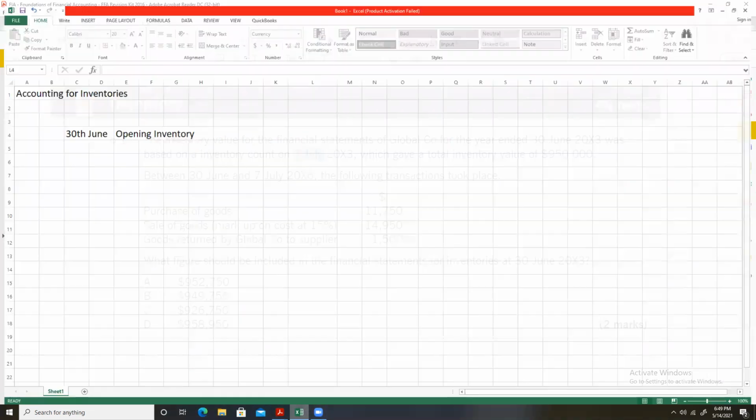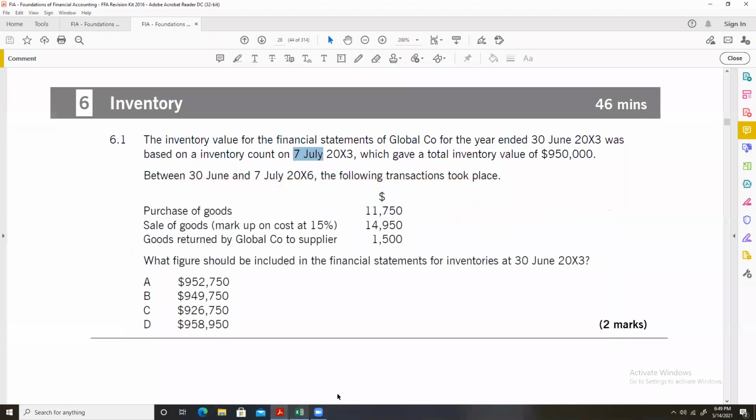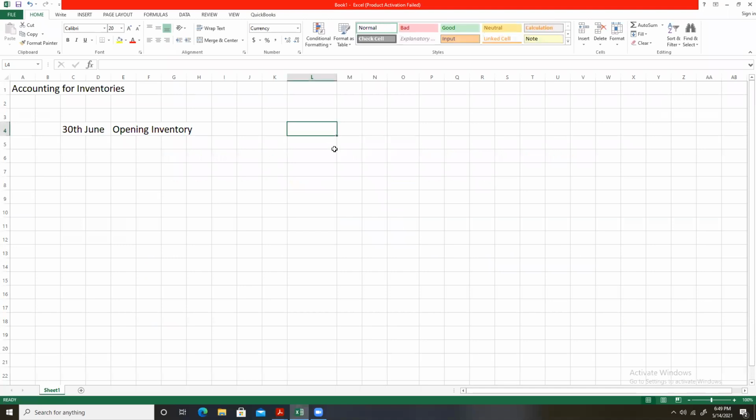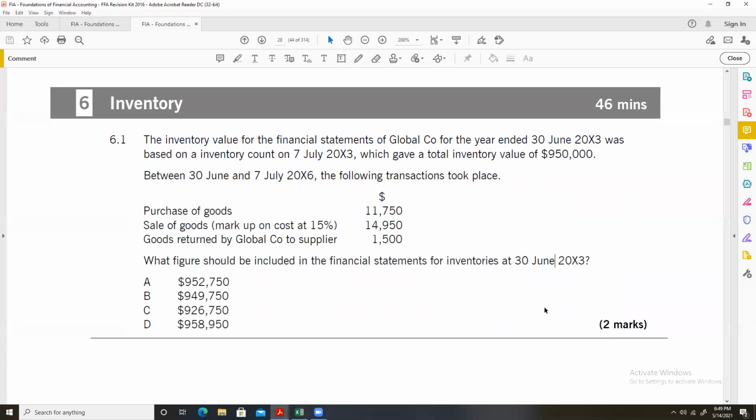So we can say that the inventory held on 30th June is like opening inventory in this short period, this 8 days period, from 30th June till 7th July.